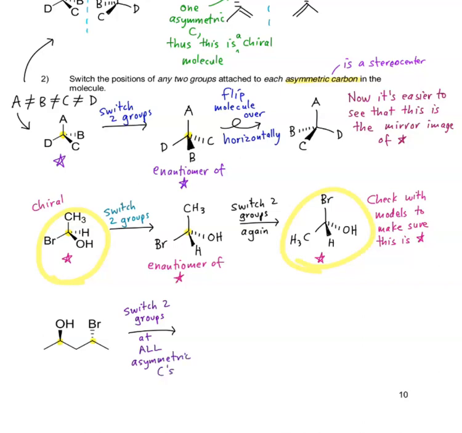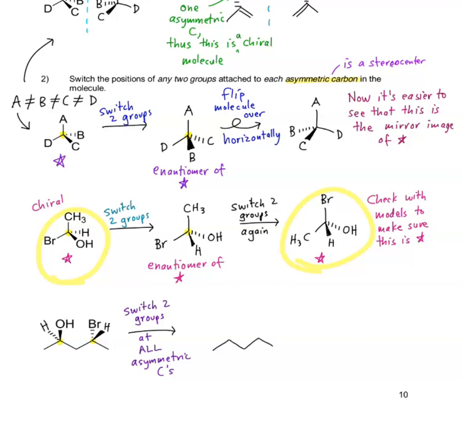Okay, now it's important to recognize that there's some bonds missing. Those are going to be to hydrogens in our original structure. So at the carbon that has the OH group, remember there's a bond going back, that's to hydrogen. And at the carbon that has the bromine, we have two bonds in the plane and one going back. That means that there must be one coming forward, also to a hydrogen.